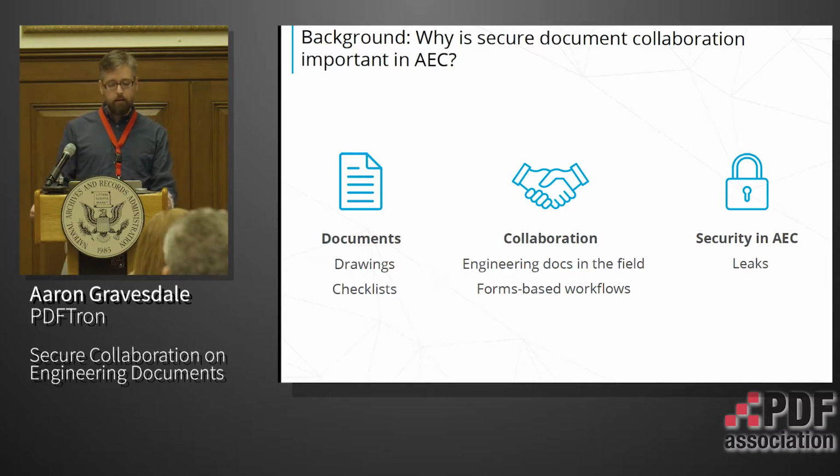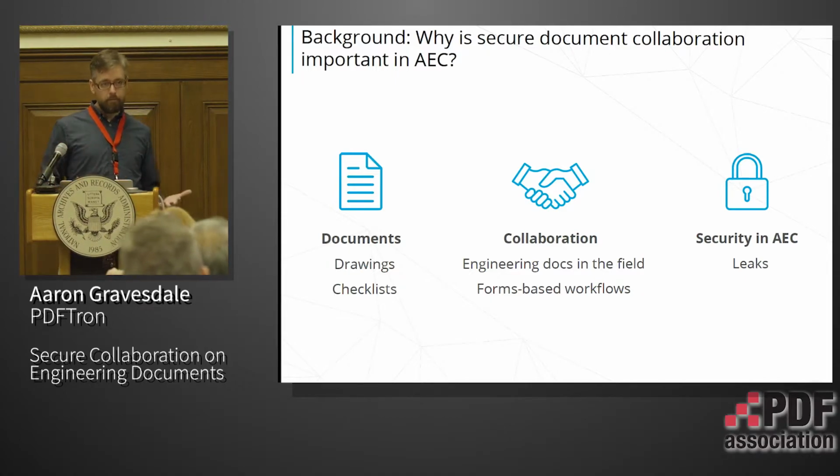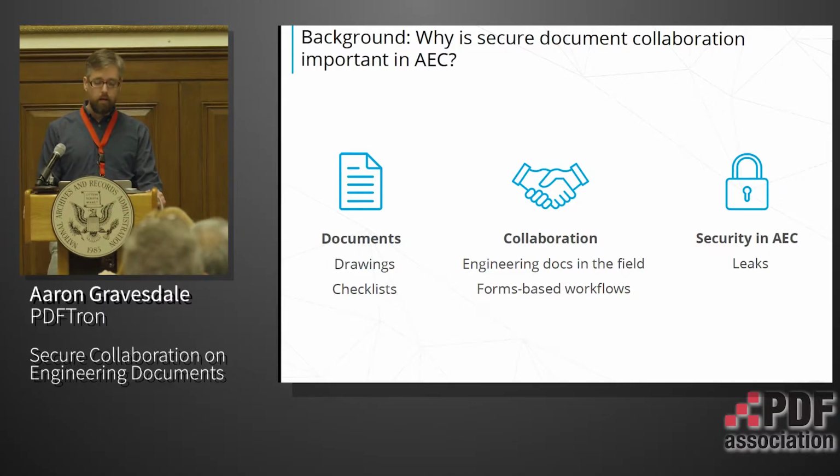And then you can address use cases within that format. In the engineering space, these tend to be drawings, like engineering drawings that engineers make up and that might then get used in the field to actually build things. As well, checklists are used heavily to drive workflow, especially for on-site workers. That often will happen through forms-based workflows like checklists and punch lists and so on.